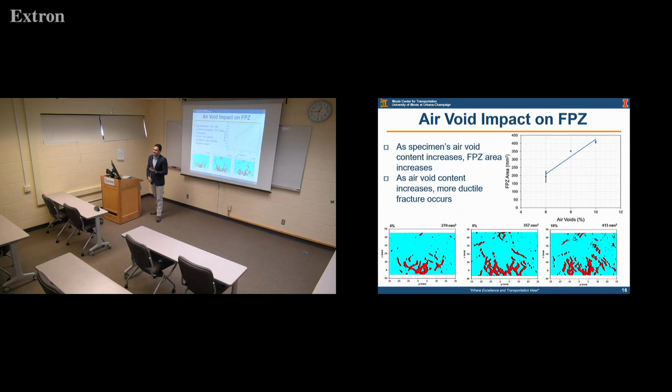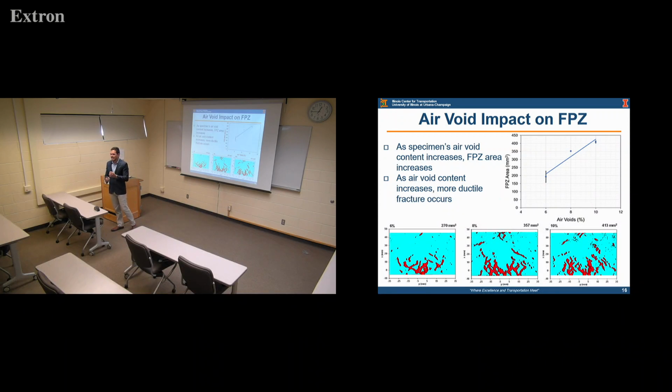So why is this happening in the case of the air voids? Previously, we thought that the air voids may cause an opposite behavior. But when we look at the results, we see that the air voids cause a more branched structure of the fracture processing. When I increase the air void content, the air voids make the crack behavior more branched. There are many other possible reasons for what is happening exactly in the material.